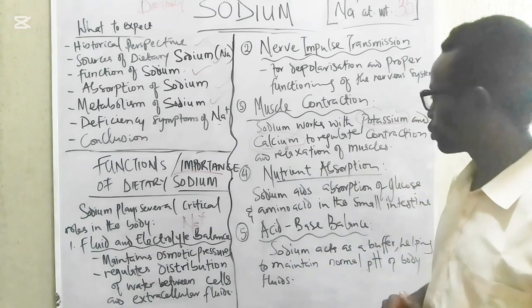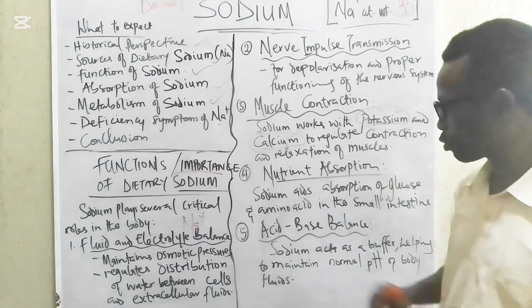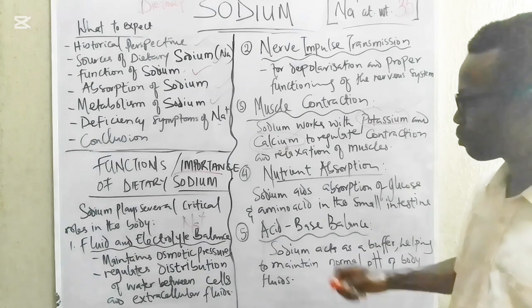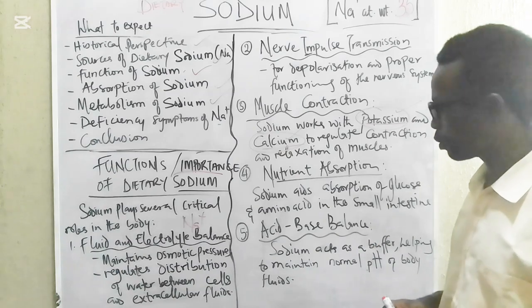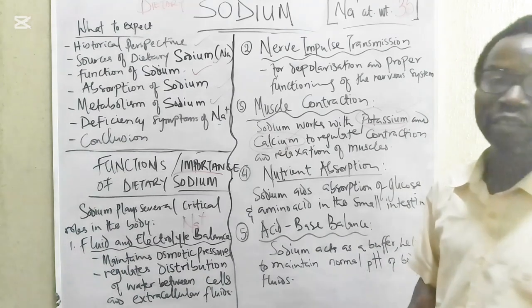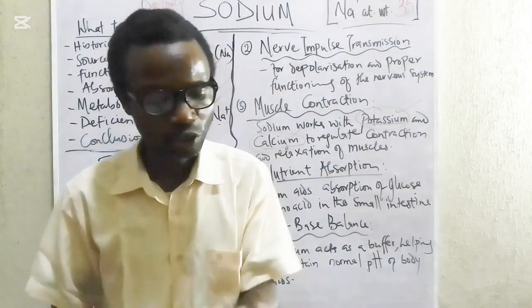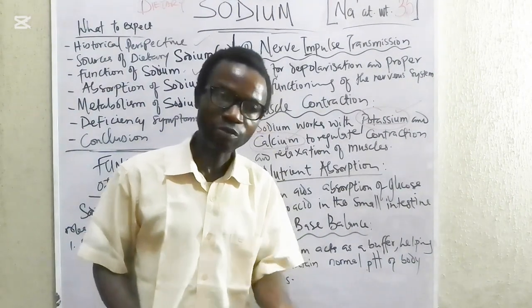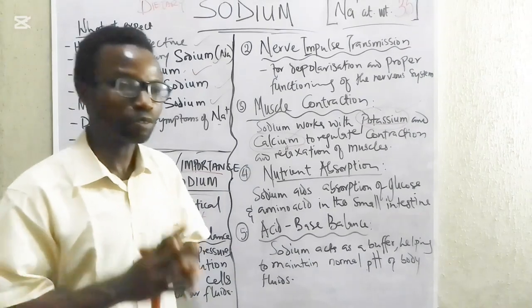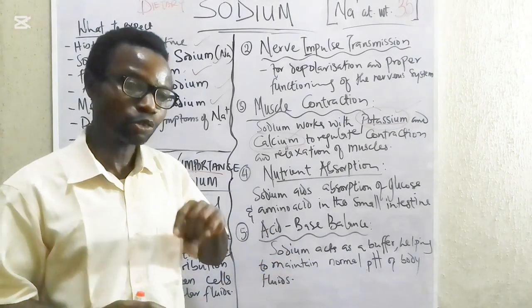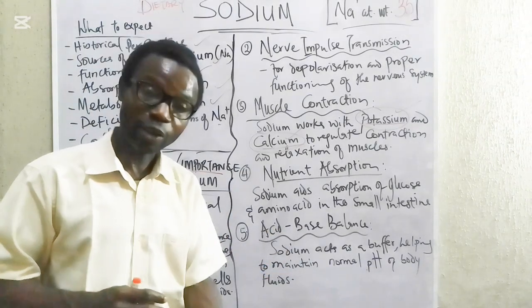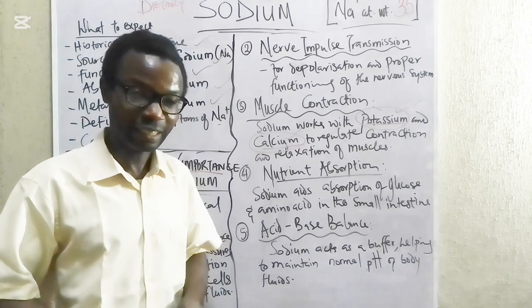Another thing sodium does is nutrient absorption. Sodium assists absorption of glucose and amino acids in the small intestine. The small intestine, as I talked about, is where bulk absorption of sodium happens. Another absorption occurs after ultrafiltration in the kidney.